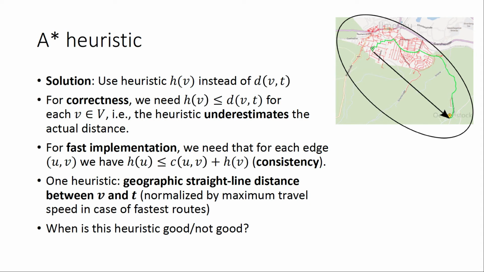And this always underestimates the actual distance. Because, well, this is the optimal way to go there. But usually you have to maybe go like this. Okay, but the heuristic underestimates the actual distance because it's the best way to get from a starting node to a destination.